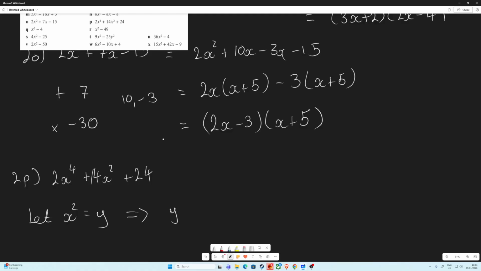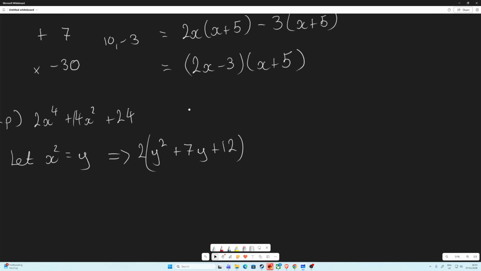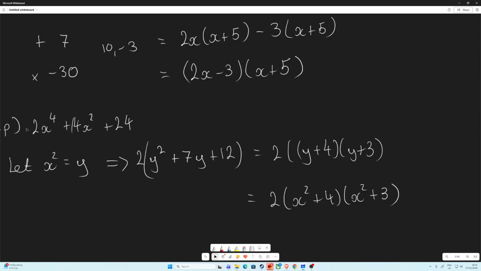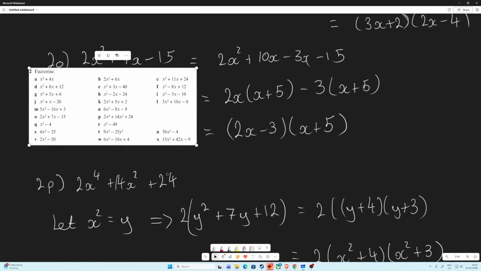So we're going to have 2 times y squared plus 7y plus 12, which equals 2 times y plus 4, y plus 3. Of course, we don't have y, we have x squared, so that equals 2 times x squared plus 4, x squared plus 3. And that is factorized at this point.